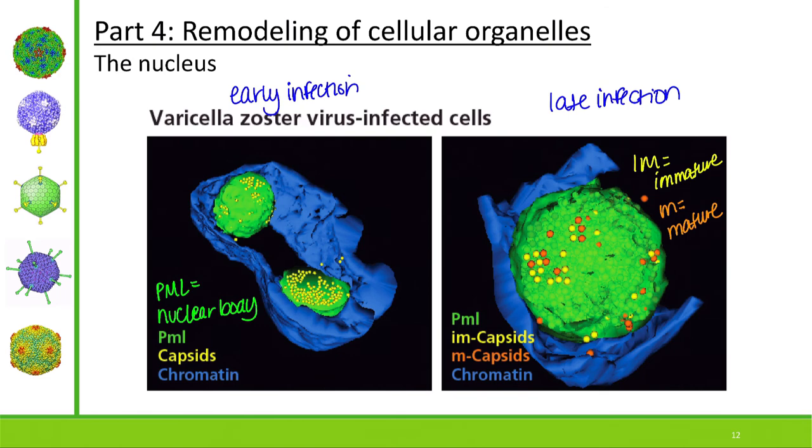So it's a head full and genome length packager, and then we end up with a mature capsid. So in this work, the scientists were able to capture both the immature and the mature capsids that are being made inside of this PML, inside of this viral factory. So again, hopefully I'm convincing you that there are significant changes that occur.